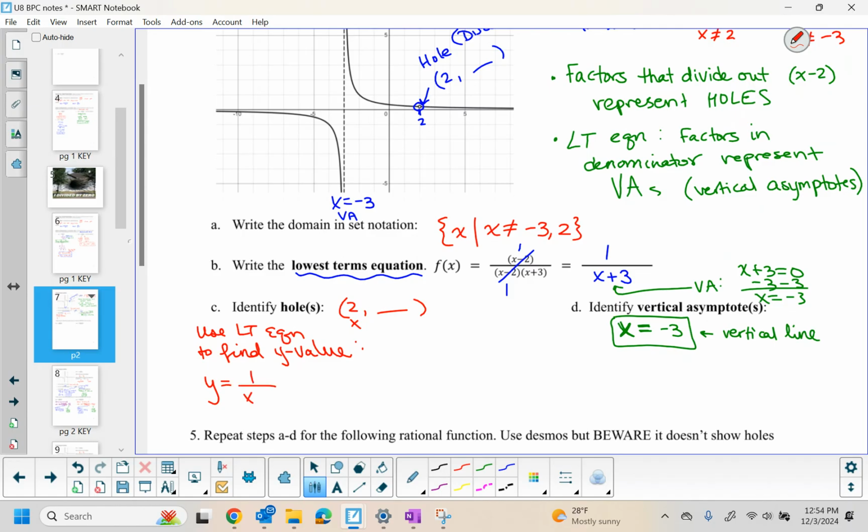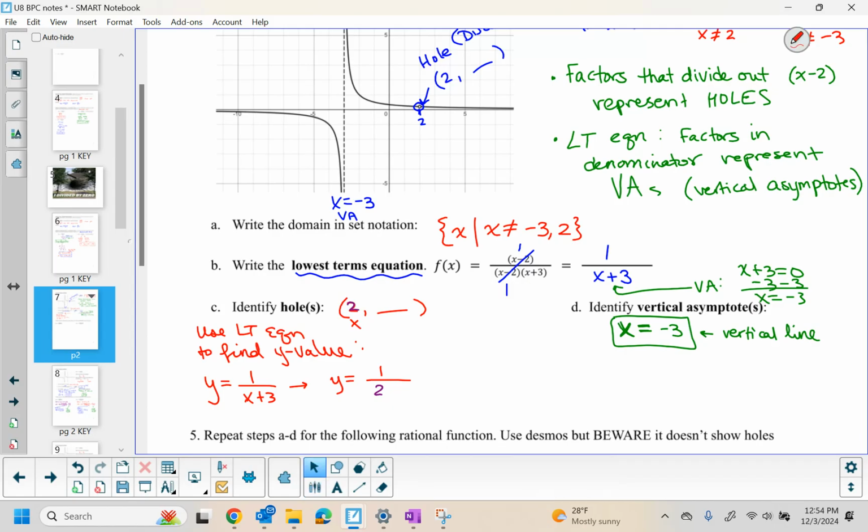I'm putting in a 2 for that x. So then y equals 1/5. So that is what's going right here for the y. So that is the point that is now no longer there, but the point 2 comma 1/5 is where the hole would be.